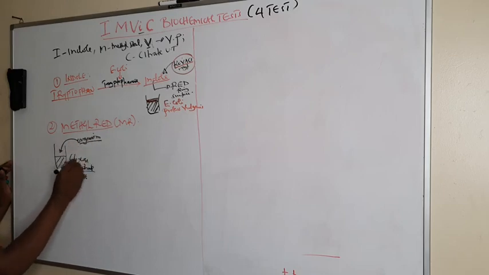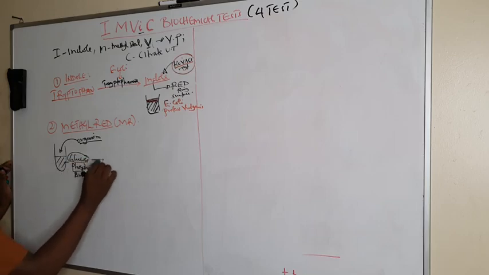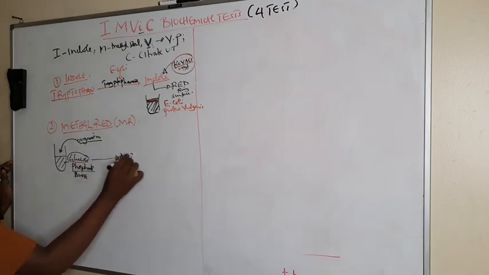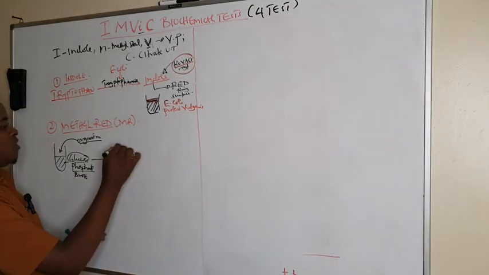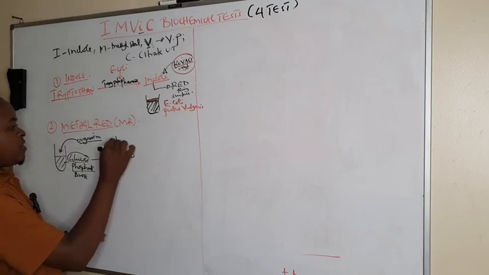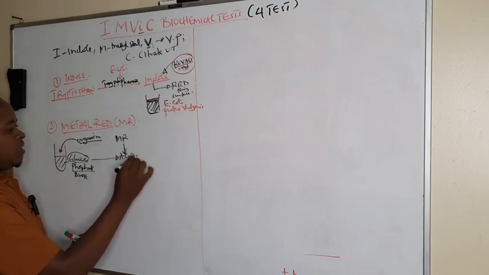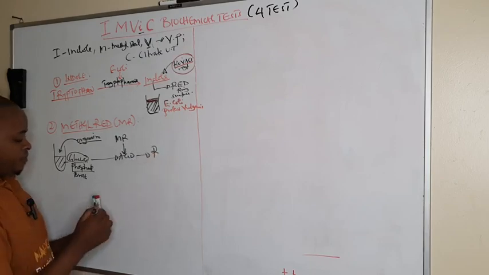which is able to ferment glucose, it is going to ferment glucose to produce the acid, that is pyruvic acid. And this acid will turn the methyl red indicator to red color.